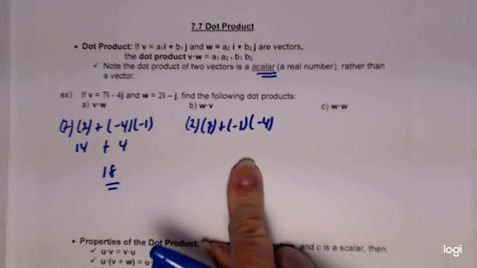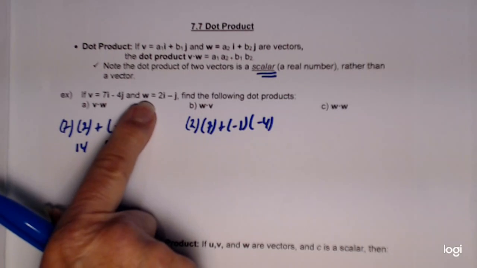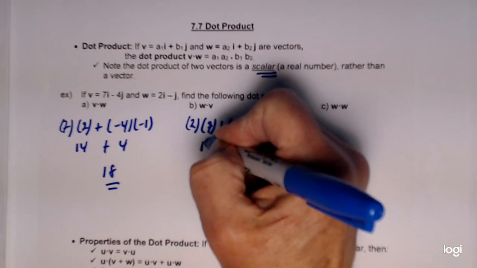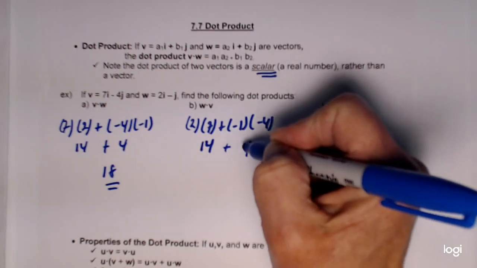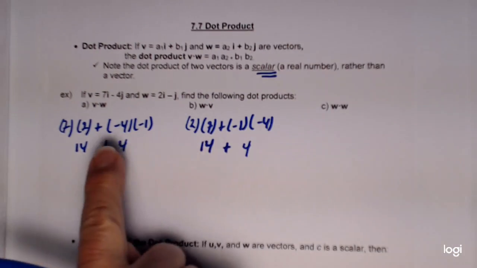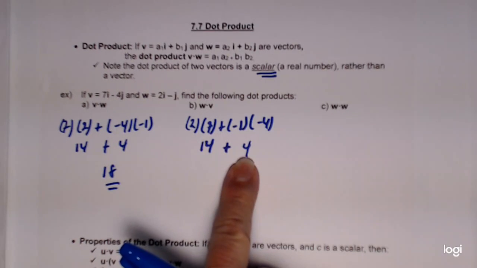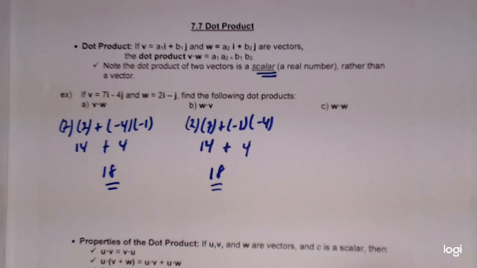So the same information, it's a times a and b times b from the j component, but now the order is reversed. 2 times 7, we have 14 plus 4. When I say the order is reversed, instead of 7 times 2, it's 2 times 7, but we can see we get the same products, and so we're going to get the same answer, 18. So when we add them, we get the same dot product.